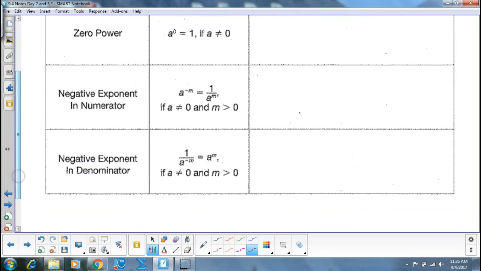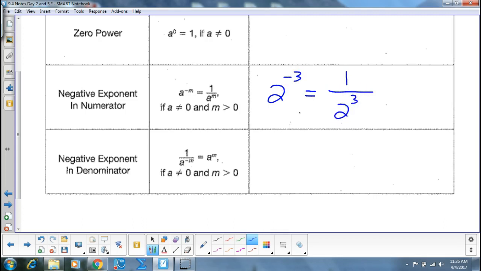Negative exponent, we've been dealing with those the last couple of days. Move it to the other side, and that gets you what you need to. So, like 2 to the negative third power is 1 over 2 cubed.